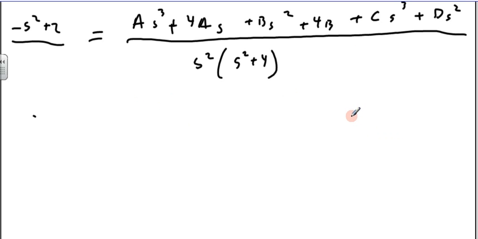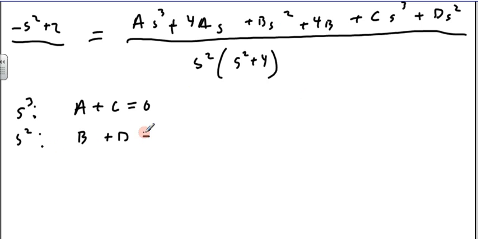All right, so we're going to look at the s cubed term. In the s cubed term, I have an A and I have a C. So A plus C is 0. I'm going to look at the s squared term. And I have B plus D is minus 1. Then I'm going to look at the s term. And in the s term, 4A is 0.